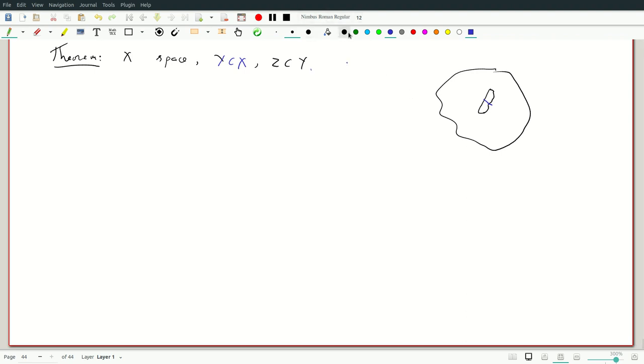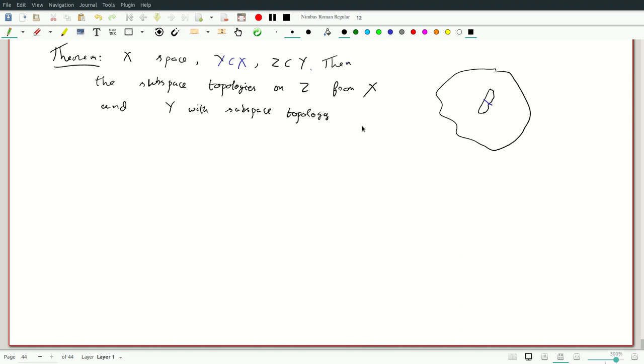Okay, so then what we have is the subspace topology on Z from X and Y with subspace topology coincide.